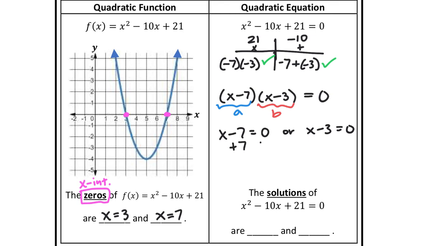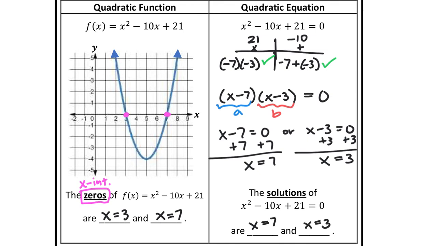So plus 7 means x equals 7, plus 3 means x equals 3. So the solutions are x equals 7 and x equals 3. So again, the order doesn't matter, but I did get the same answers, right? 7 and 3.